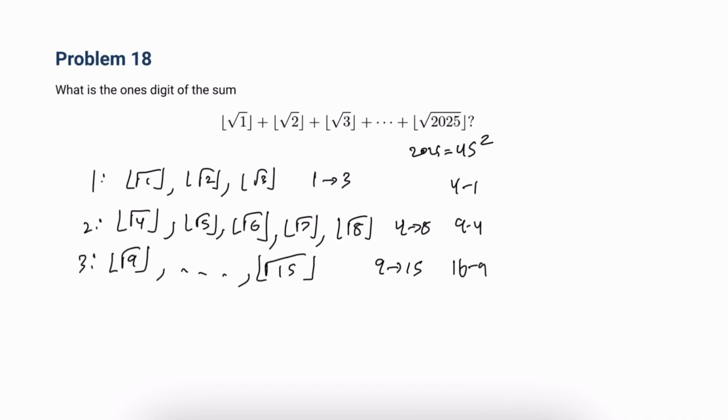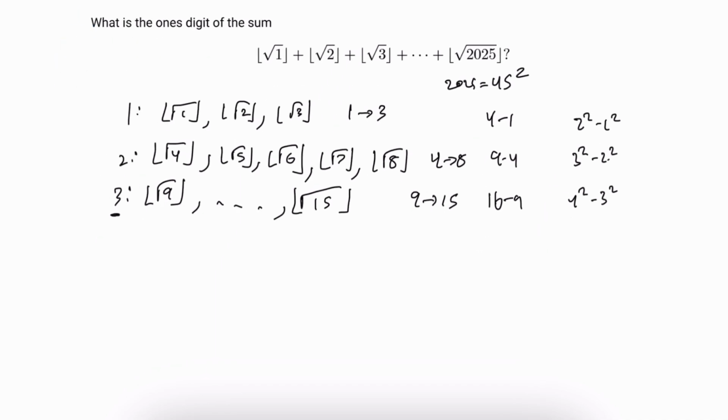And so we can rewrite this as 2 squared minus 1 squared, 3 squared minus 2 squared, 4 squared minus 3 squared. And this makes sense, because the only times a certain number will appear, let's say 3, is between 3 squared and the next number squared, or 4 squared. So there will be a total of 4 squared minus 3 squared numbers that equal 3.